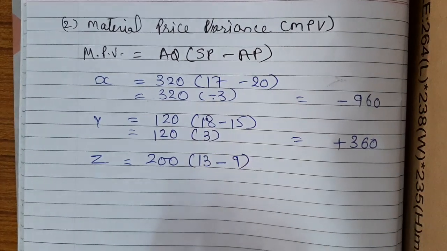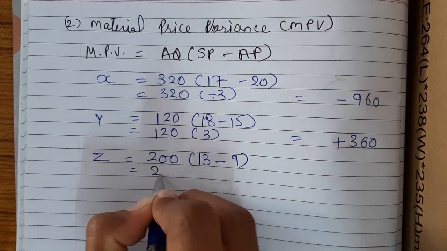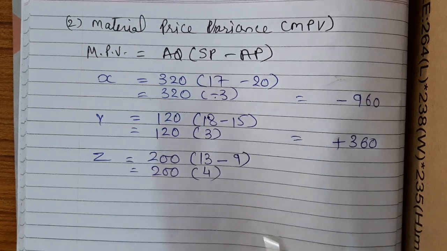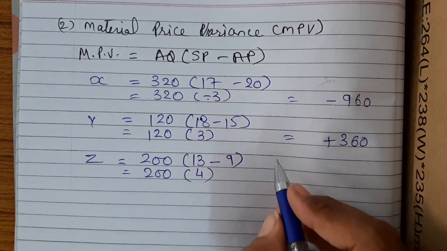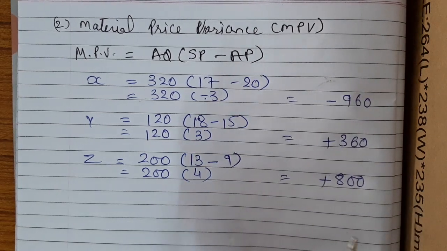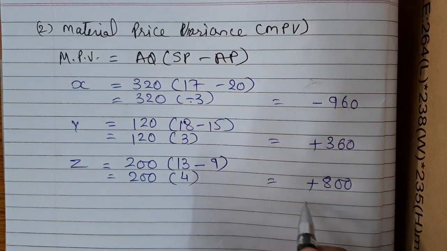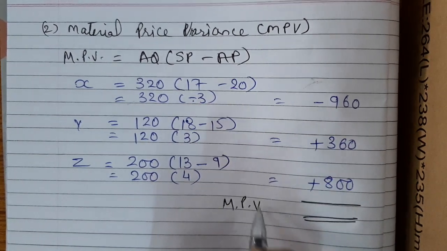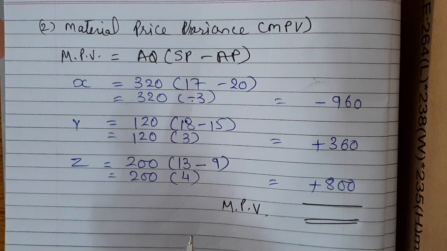So 200 into bracket 4, the answer will be 800 positive. So my final material price variance will be 800 plus 360 minus 960.